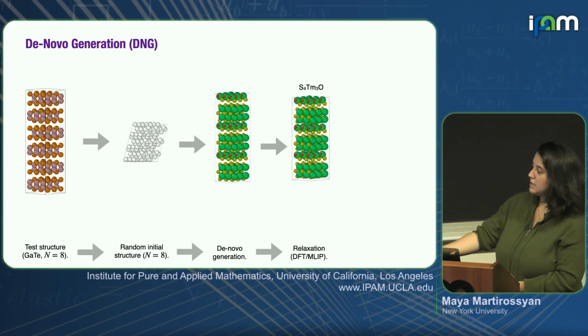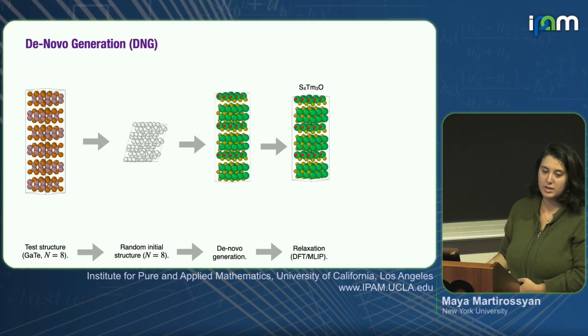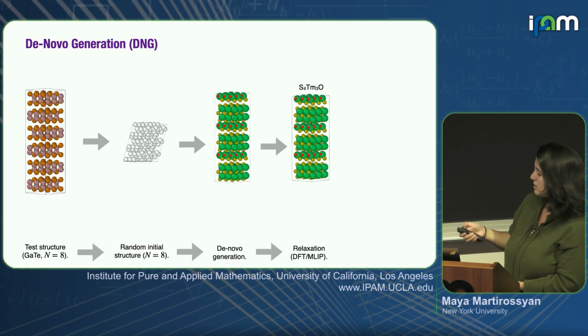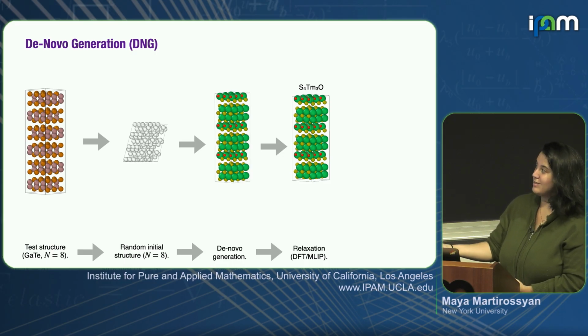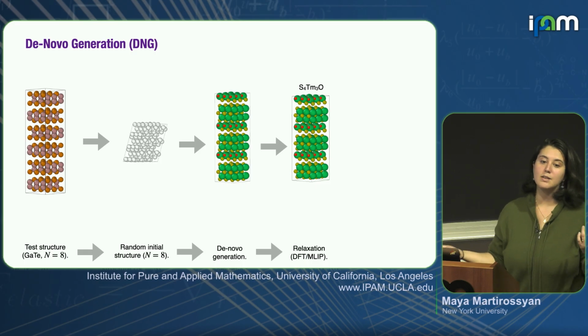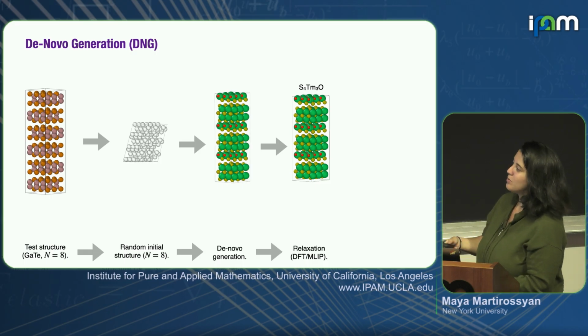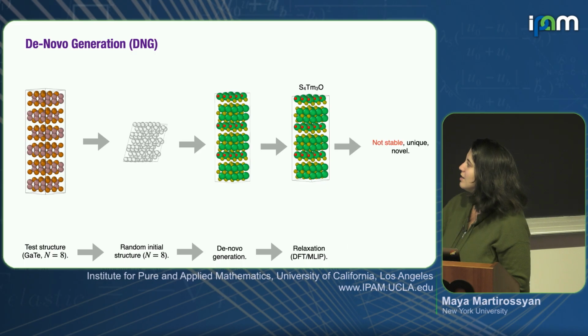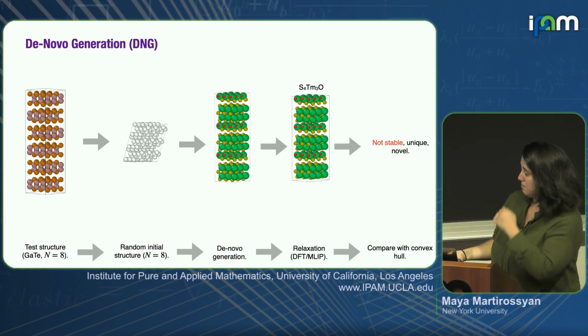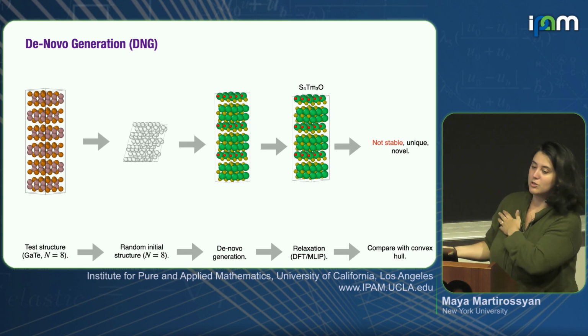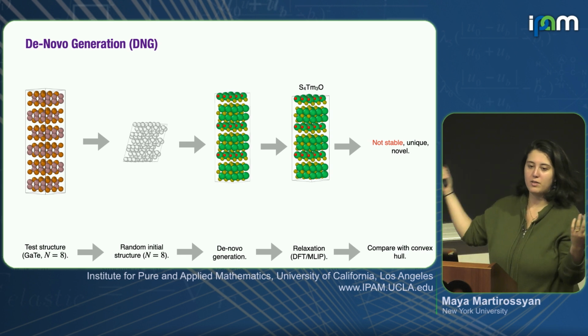Then we add an additional step here, which is relaxation. We either use DFT or a machine learned potential for this. And you'll see here, of course, we're in a very different chemistry than what we started with in our test set, but that's fine. We don't care if we make the same chemistry. We just want to see if it's stable, unique, and novel. It's actually not stable, so this particular structure would not pass our SUN score test.